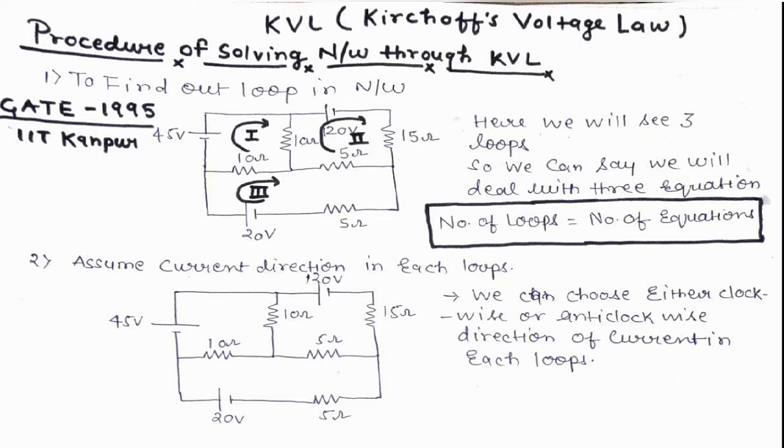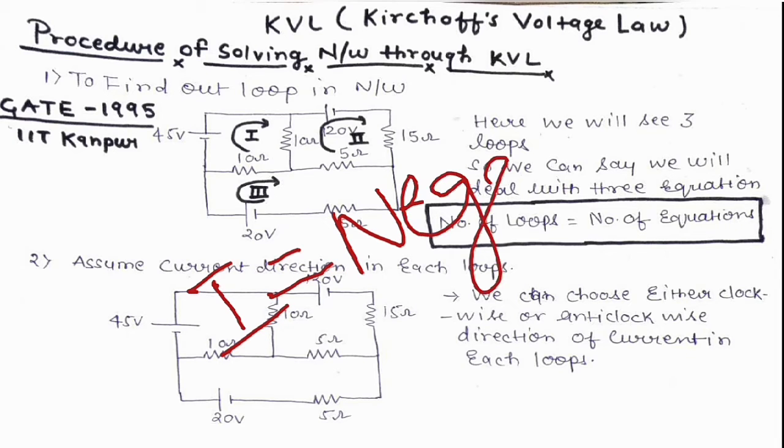The second step is to decide the direction of current in each loop. Honestly speaking, whatever direction you take is right for that network. If you choose the wrong direction, then automatically the value of current will come out negative.